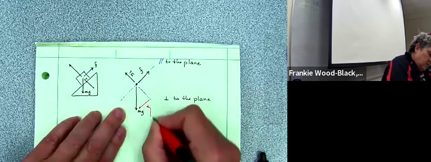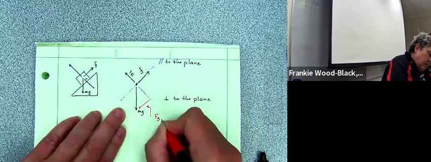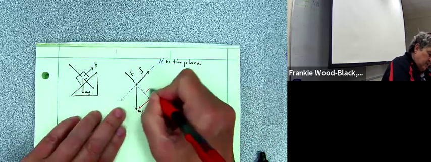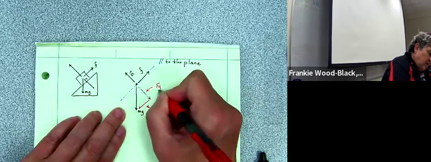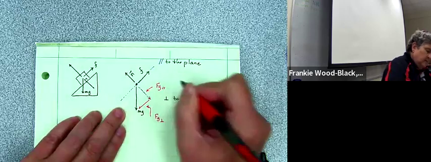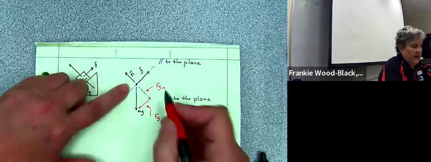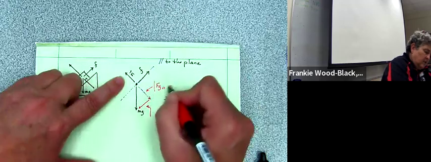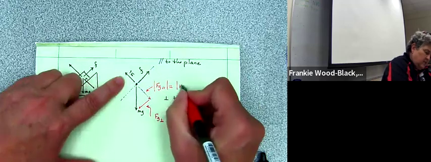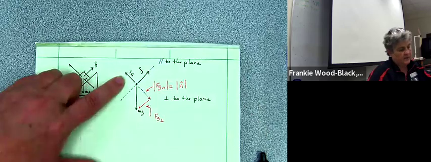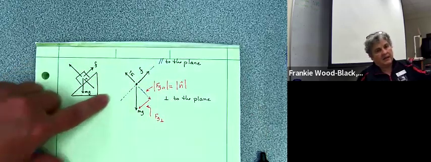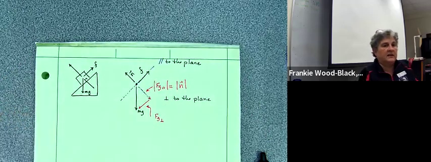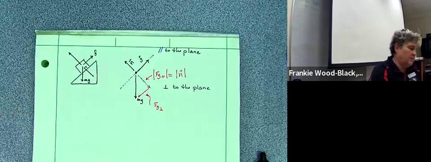This is my force due to gravity, perpendicular to the plane. This one is my force due to gravity, parallel to the plane. And the magnitude of that is going to be equal to the magnitude of my normal force. Because if we slide a block down the plane, it's like sliding a block across the road. I'm not necessarily getting anything that's associated with it.